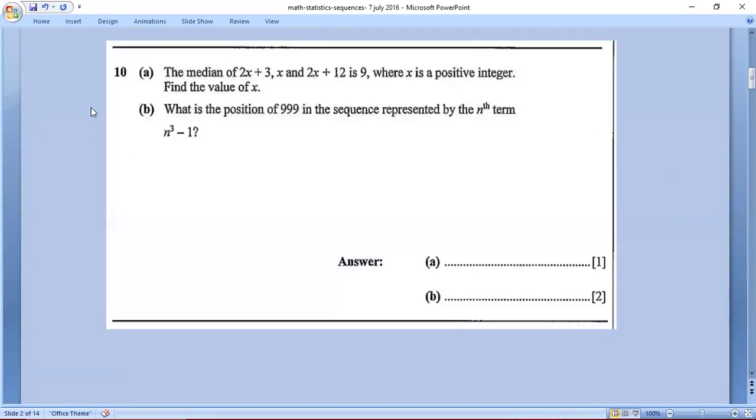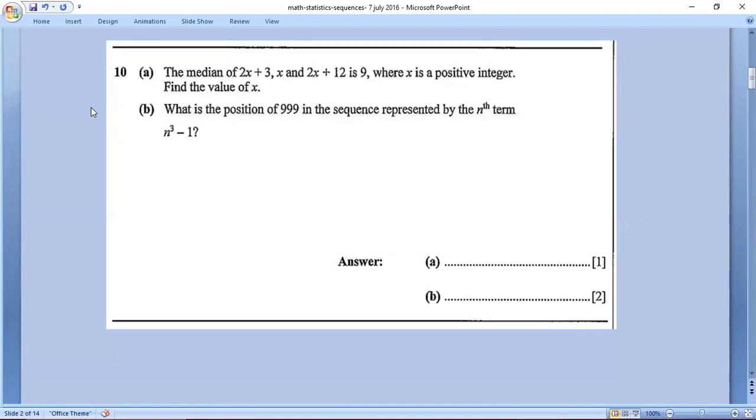So this is the question, it was question number 10 in this paper. That is part A. It says the median of 2x plus 3, comma, x, and 2x plus 12 is 9, where x is a positive integer.